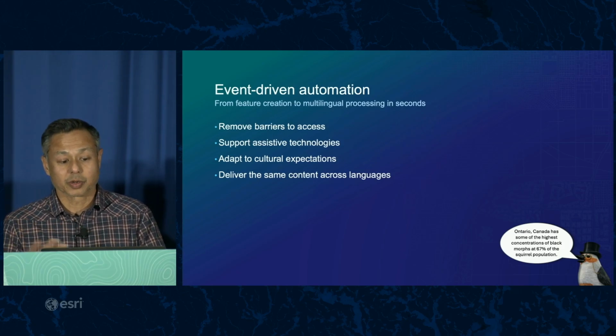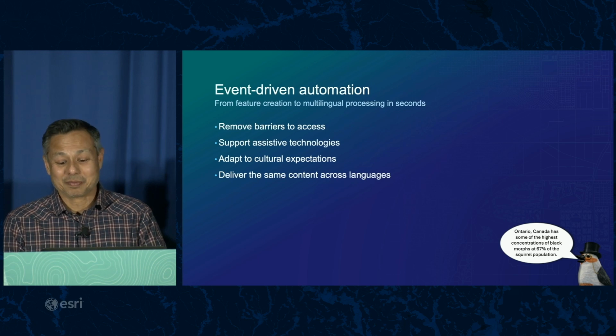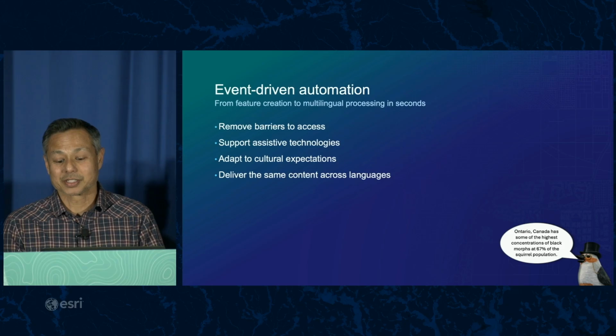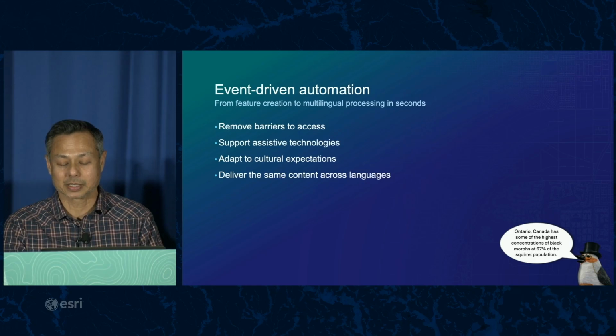Now, also support assistive technologies and be adaptive to cultural expectations. So by embedding these capabilities directly into the workflow, we can deliver content across languages without duplicating data. And that's what we mentioned early in the past slides.